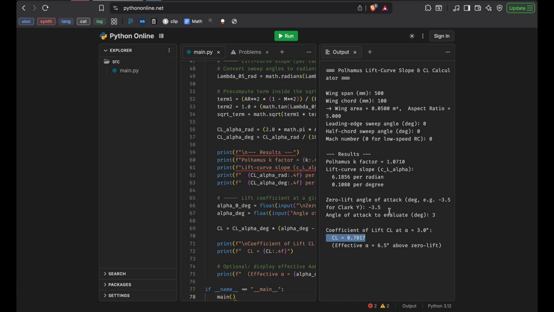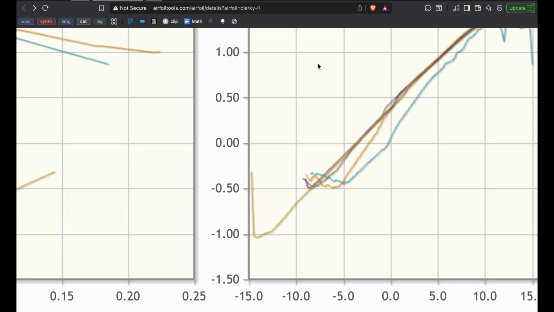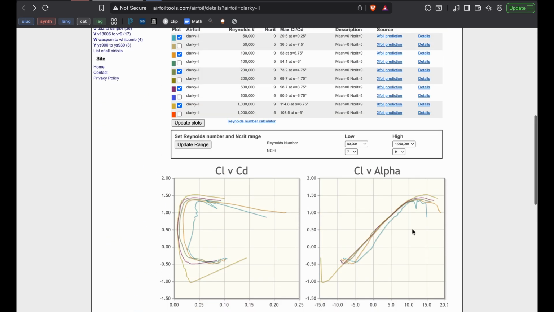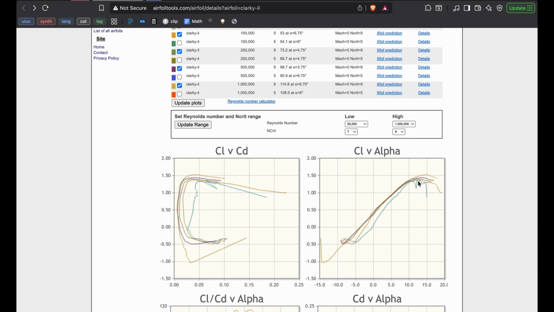Well, how do you get your alpha naught though? Alpha naught is the angle of attack when your coefficient of lift is 0. So you find out by looking at Airfoil Tools. airfoiltools.com is a very good website for a lot of different airfoils. I'm using Clark Y, and it has already experimentally determined it for me.